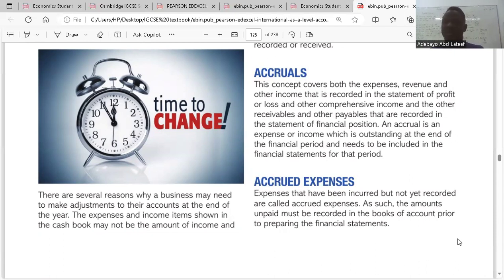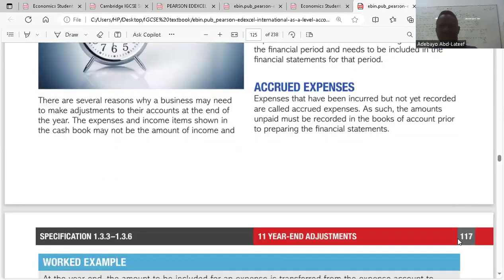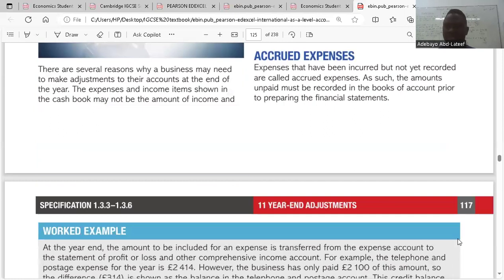Accrued expenses are those expenses that we have incurred, that we have not paid for. Accrued incomes are those incomes that we have not yet received for the services or the goods that we've given to our customers. We're starting with accrued expenses. Expenses that have been incurred but not yet recorded are called accrued expenses. As such, the amounts unpaid must be recorded in the books of account prior to preparing the financial statements.